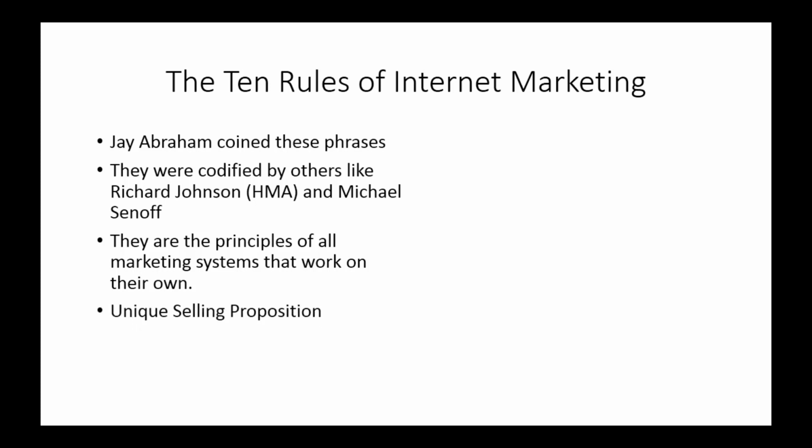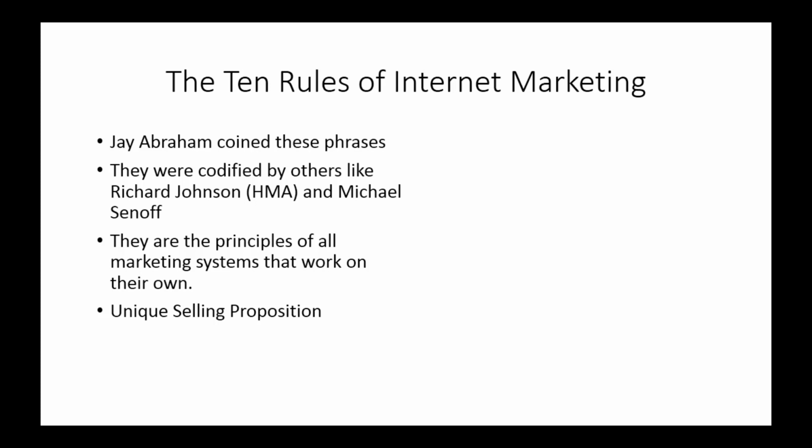Now, the first aspect that we want to talk about, you may have heard before, it's called unique selling proposition. It basically means, what is it that your product or your service, your brand does that someone cannot get elsewhere? So for every product, when you bring it to market, it should have something that people cannot get elsewhere, if you want it to sell quickly and effectively.